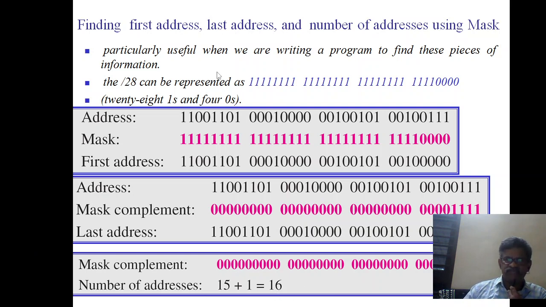So finding the first address, last address, and number of addresses using the mask is particularly useful when we are writing a program to find these pieces of information. You just need to know the /n, which means if it is 28, then 28 ones and 4 zeros constitute the mask. From the mask you can find the number of addresses.